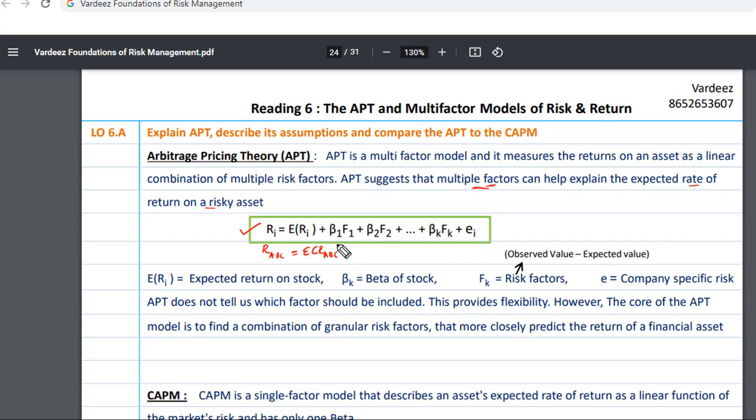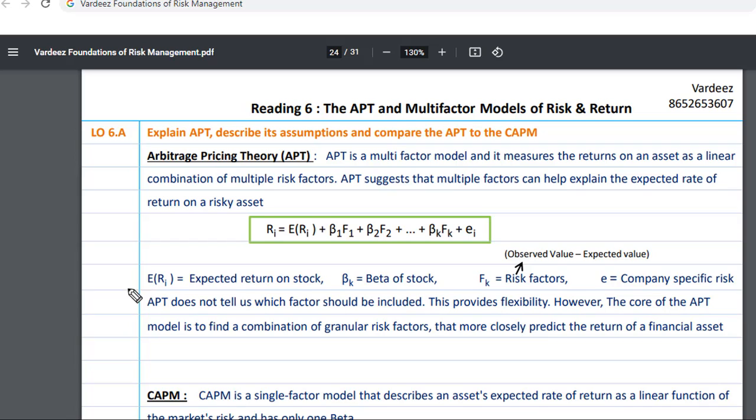Now this expected return on ABC is actually CAPM, and then we have these different factors up to K. We can have multiple factors as much as we want, and that is absolutely up to the analyst. So this E represents something that is known as the company specific risk, something that is not being captured by this entire model. Whatever the error is, that's what we have here in the end.